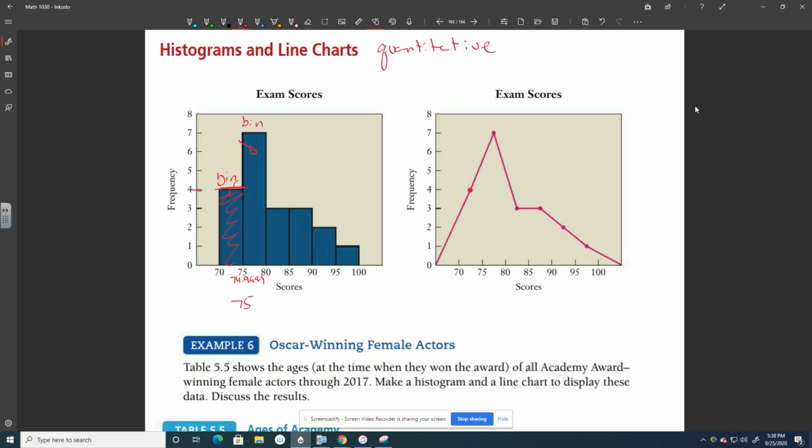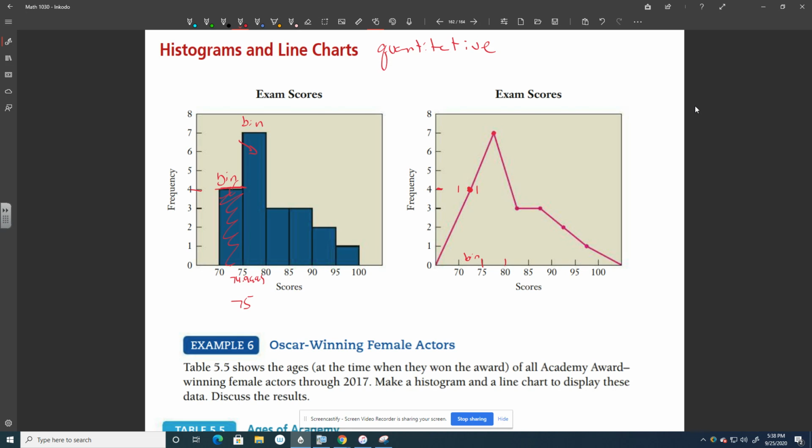And it's the same on the line chart, but instead of a bar from 70 to 75, right in the middle of that bin is a dot at 4. So what that means is that's the midpoint from 70 to 75. That's where the frequency lies. And then the next one is going to be between 75 and 80.